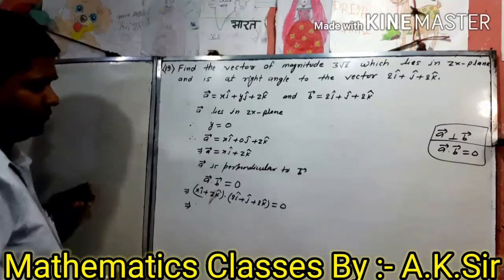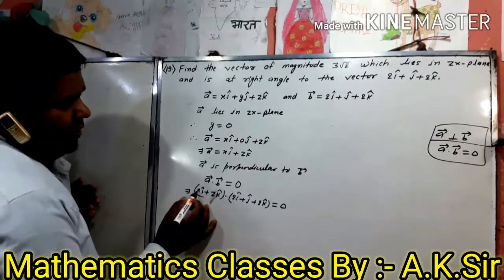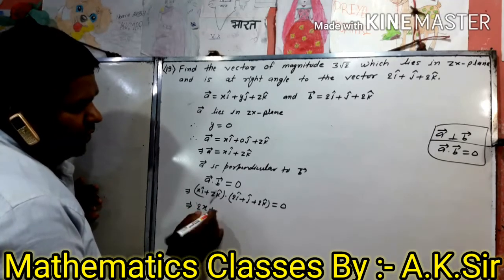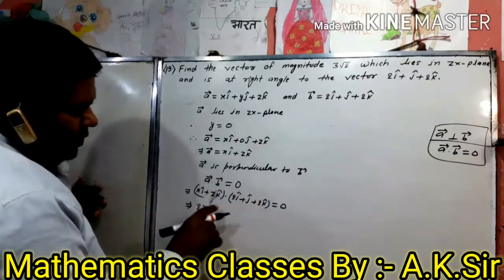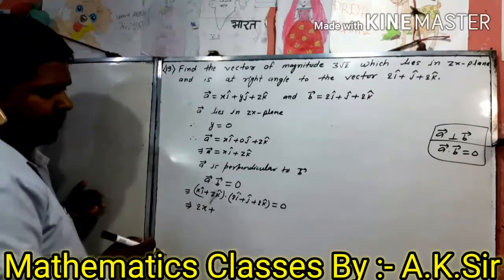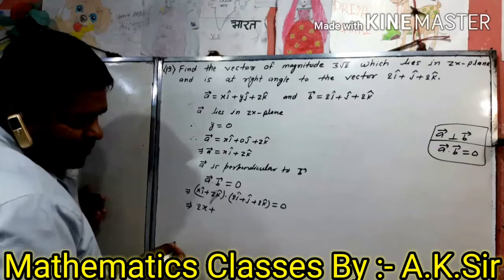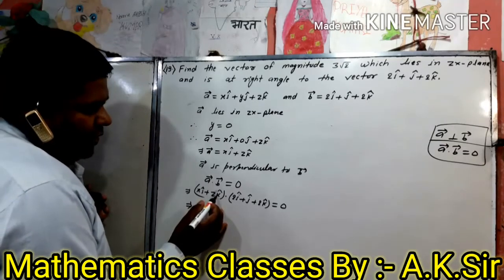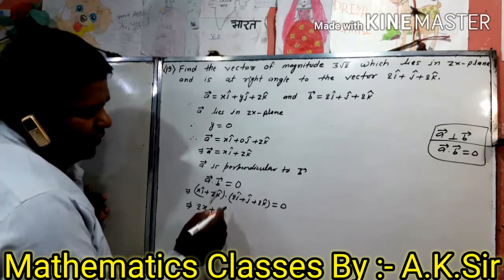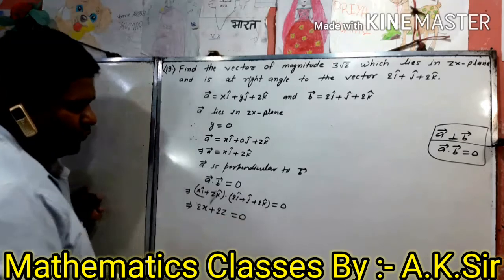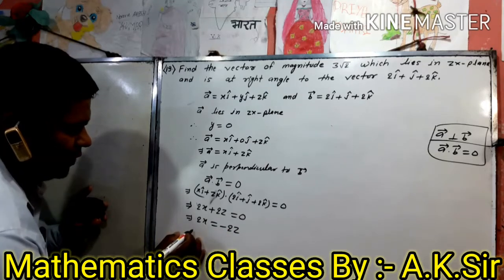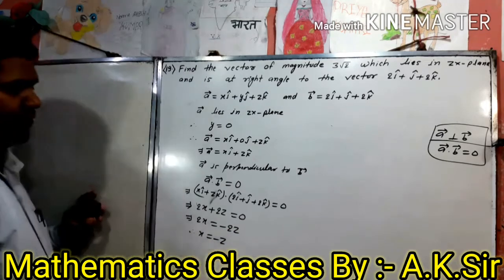This implies x dot 2, it means 2x plus, here j cap is not present, so it will be 0. Next term, k cap dot k cap, here z and also 2, it means 2z is equal to 0. This implies 2x is equal to minus 2z. So x is equal to minus z.